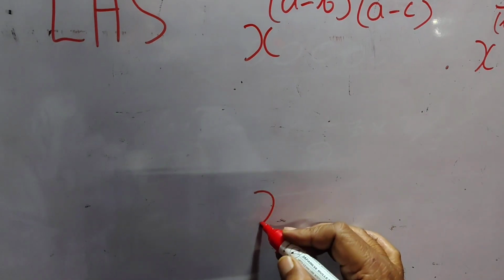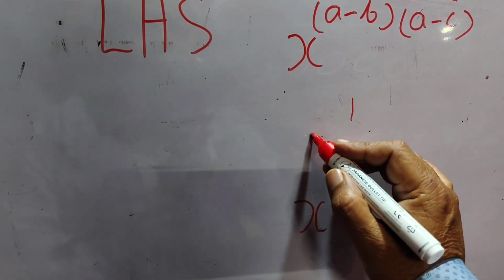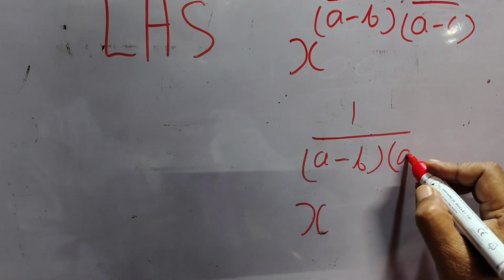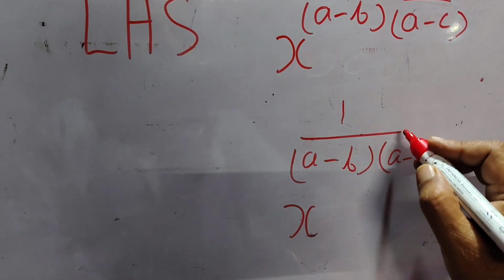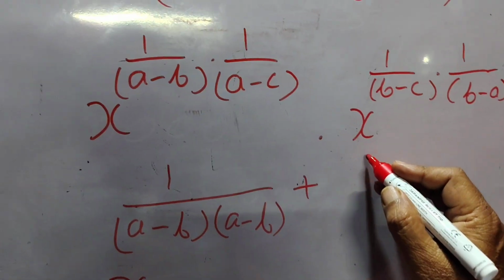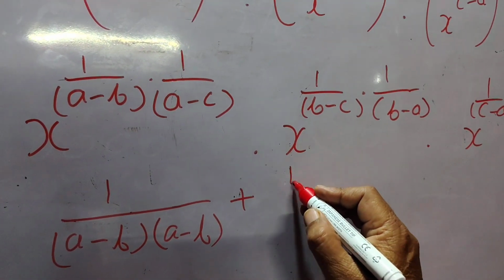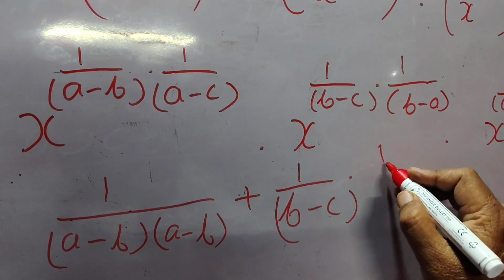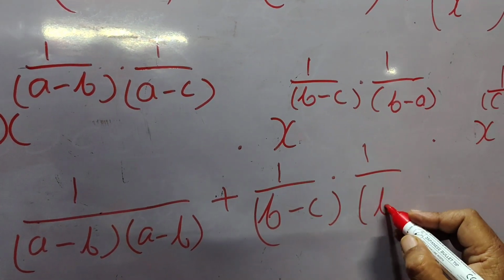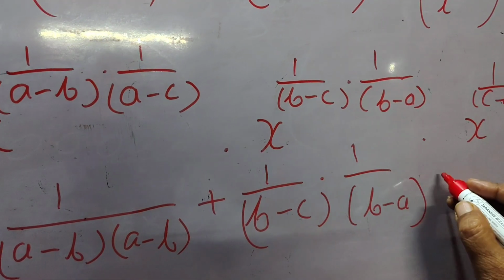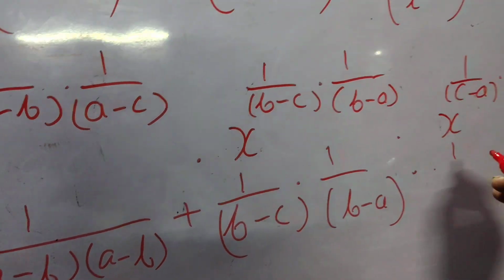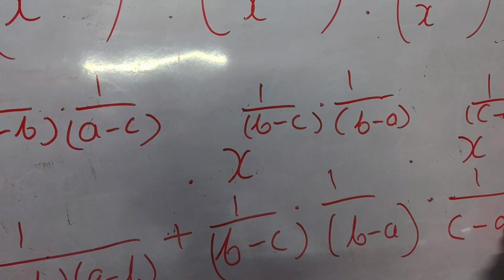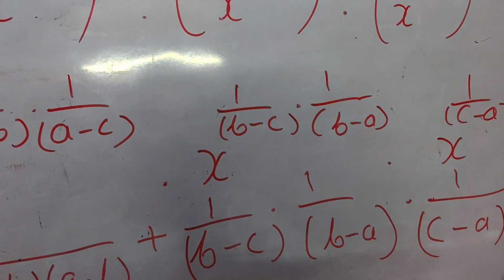So we can write x to the power 1 by a minus b into 1 by a minus c, plus 1 by b minus c into 1 by b minus a, plus 1 by c minus a into 1 by c minus b.